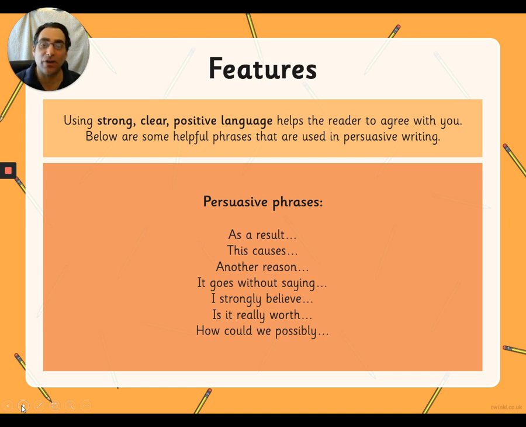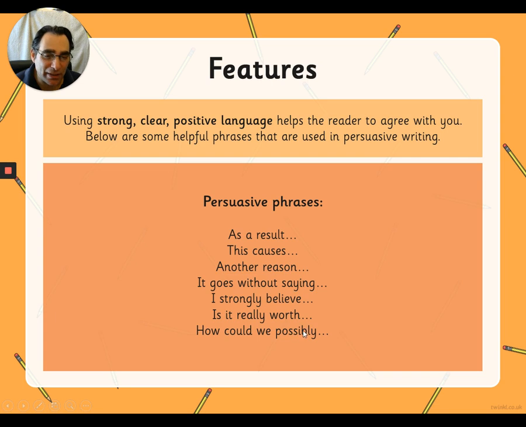Here are some helpful phrases: as a result, this causes, another reason. It goes without saying that South Norwood is the place to be, for example. I strongly believe you won't find a more diverse environment compared to anybody else in the world. Is it really worth going anywhere else?